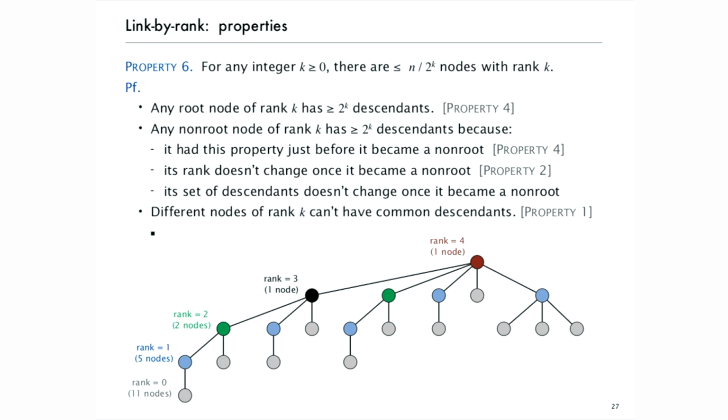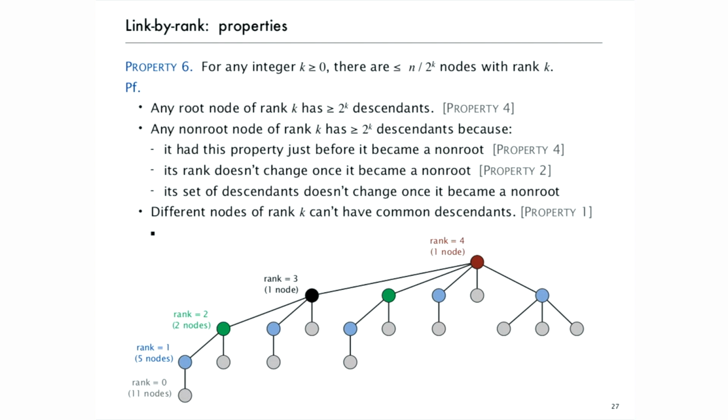Now, any non-root node of rank k also has at least 2 power k descendants. Why? Because it had this property just before it became a non-root, and its rank doesn't change once it becomes a non-root. So this property always holds, and its set of descendants doesn't change once it becomes a non-root.